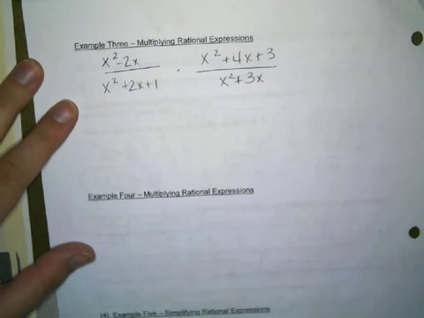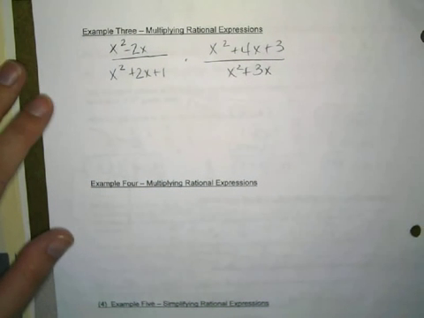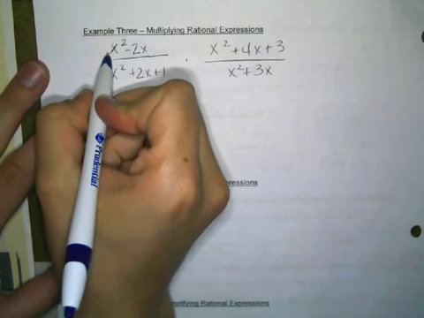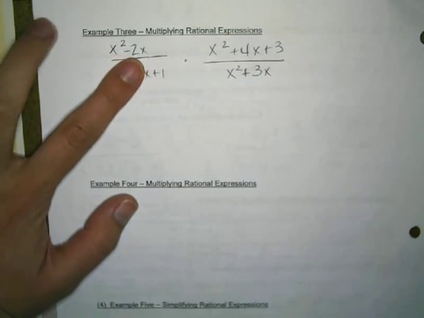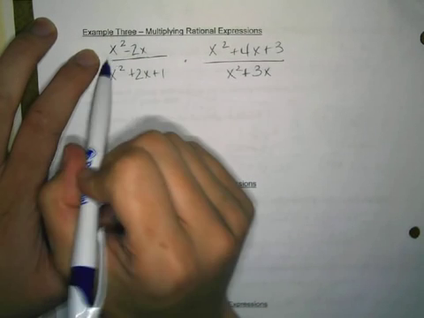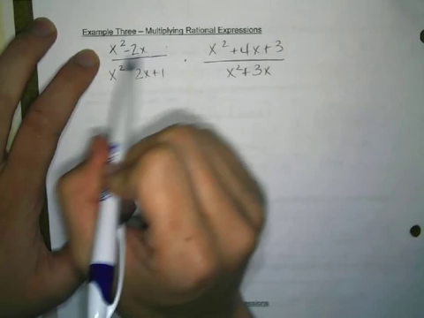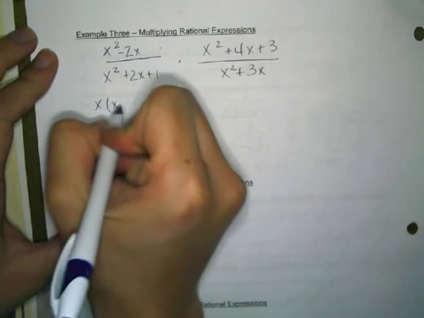Okay, so the first thing I'm going to do is I'm going to go through and factor all my numerators and denominators. When I look at the numerator here, I see that I can at least pull out an x. So if you can't factor it like you would a normal quadratic because you don't have 3 terms, at least see if you can pull out a greatest common factor, which we can pull out an x.